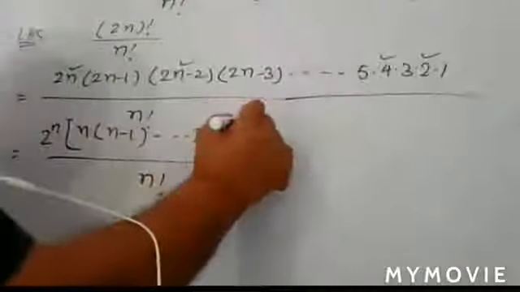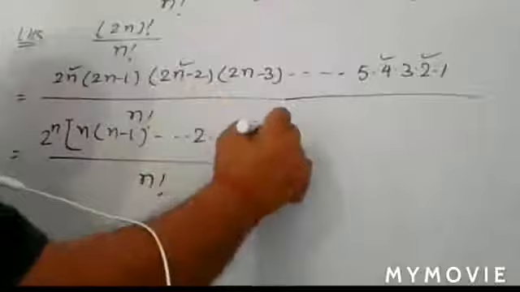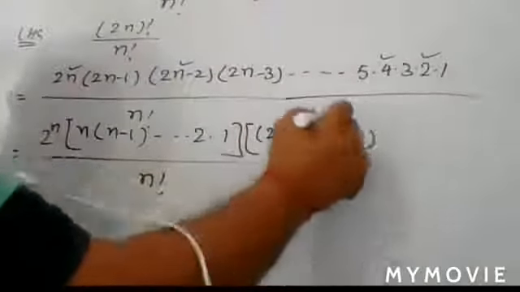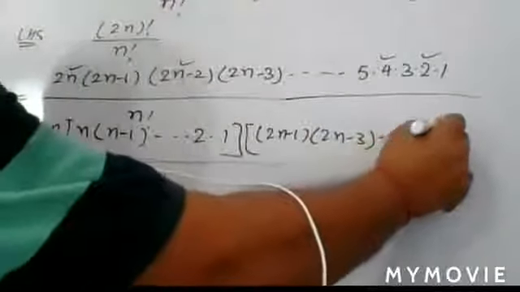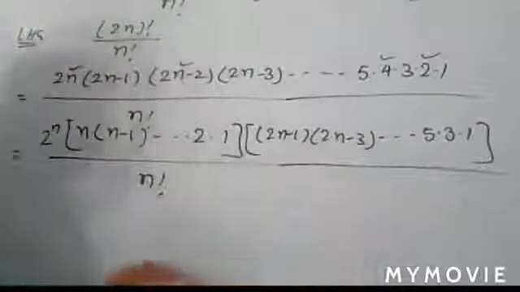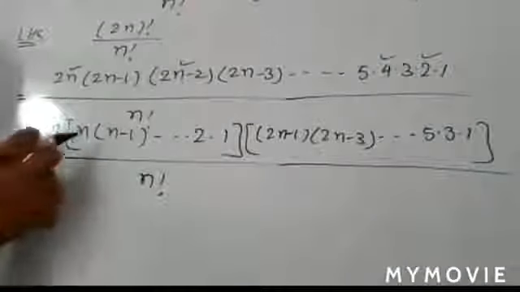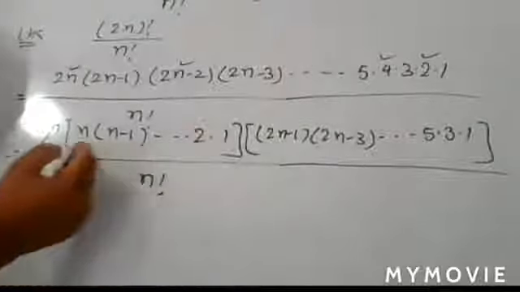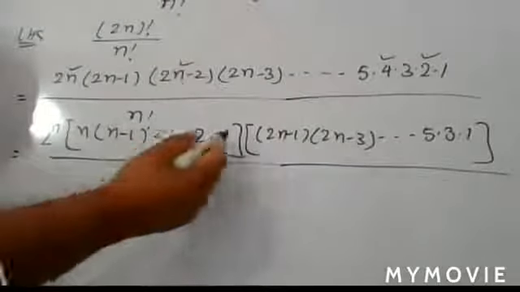And write all the odd terms. So you have 2n minus 1, 2n minus 3, and here you have 5, 3 and 1. Now just see it, n, n minus 1, and here your product up to 1. So that gives the value of factorial n.